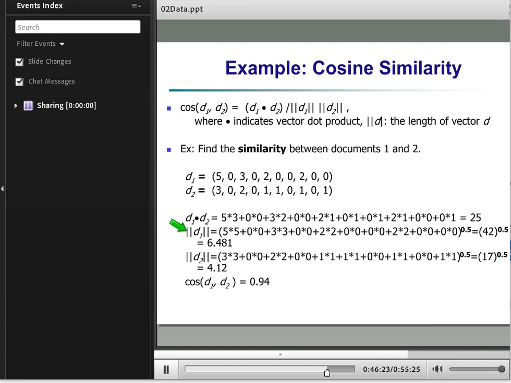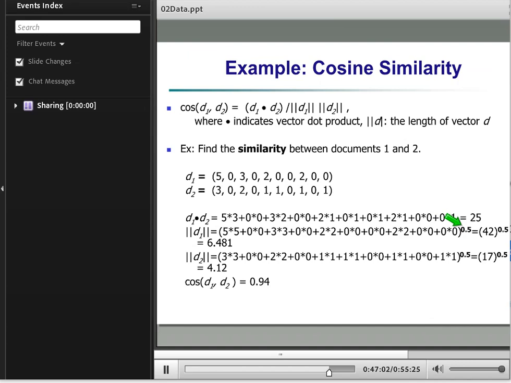Also, the length of D1 can be calculated using Euclidean distance, as we presented in the past slide. 5 times 5 plus 0 times 0 plus 3 times 3 plus 0 times 0 plus 2 times 2 plus 0 times 0 plus 0 times 0 plus 2 times 2 plus 0 times 0 plus 0 times 0.